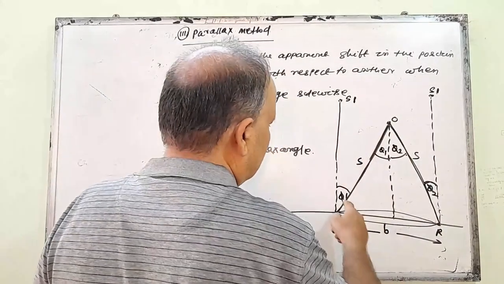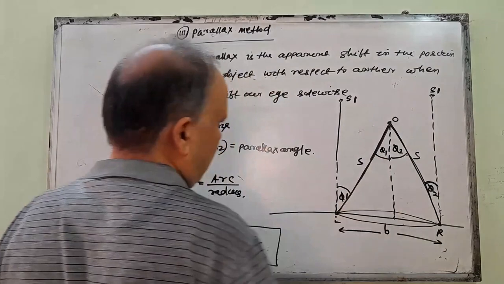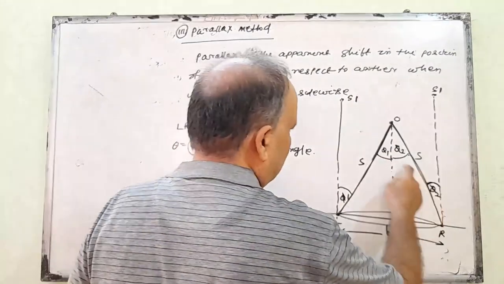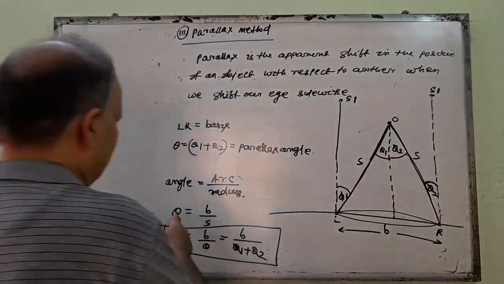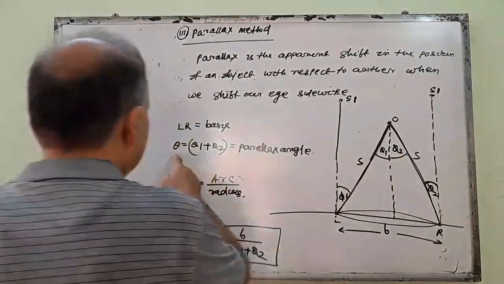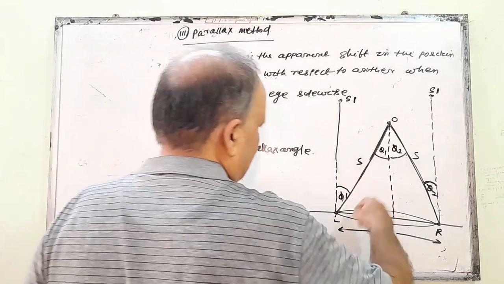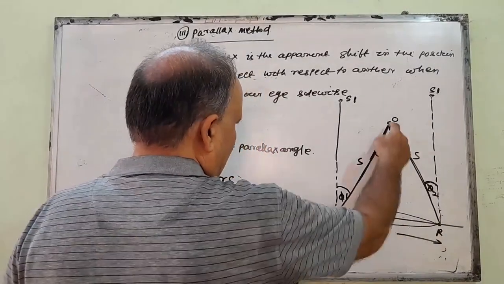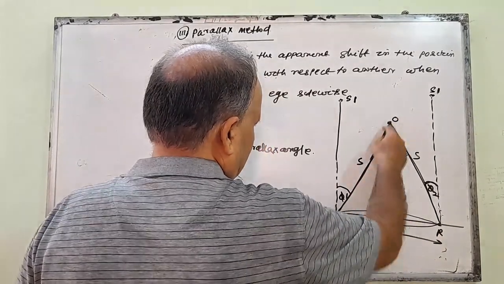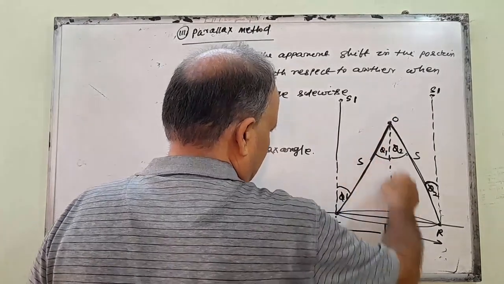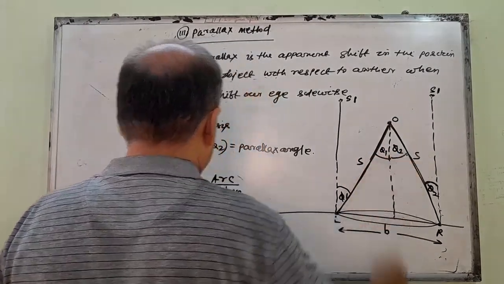So by geometry, if this is phi 1 and this is phi 1, and if this is phi 2 and this is phi 2, so you can say phi 1 plus phi 2, that is theta. This is called parallax angle. You know this is an arc, this is the radius, and this is the angle.